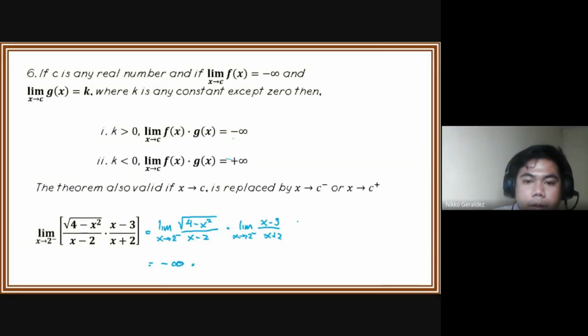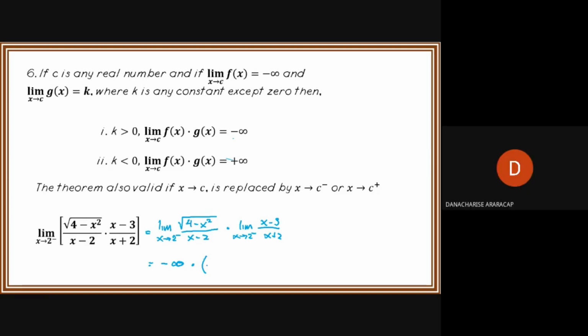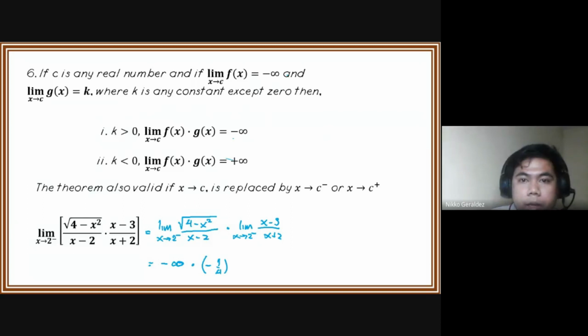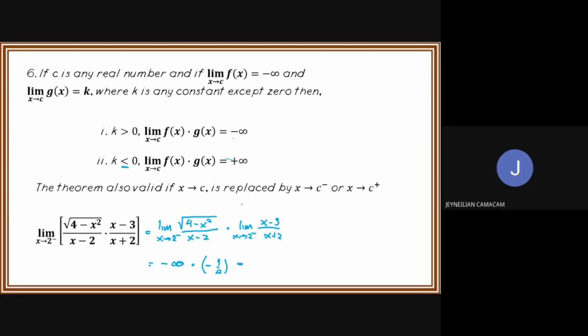So, times limit of x minus 3 over x plus 2, and that is 2 minus 3 over 2 plus 2, negative 1/4. So, negative infinity times k less than 0, negative. So, that is equal to negative infinity.